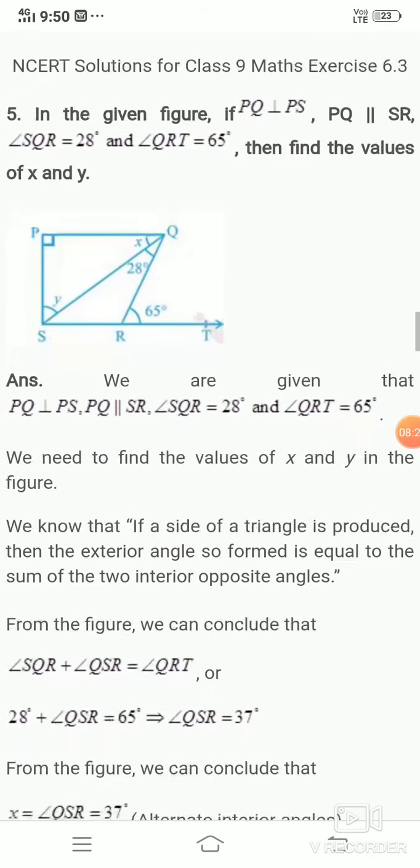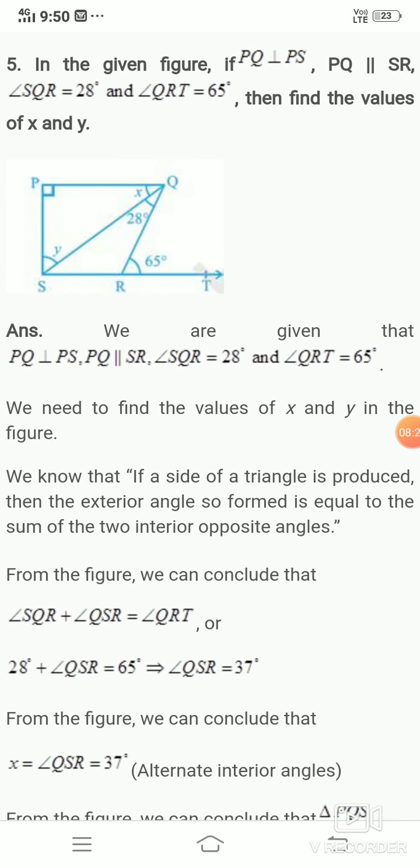Now consider the next problem. In the figure, PQ is perpendicular to PS at P, it's given, and PQ is parallel to SR, also given. At Q, SQR is 28 degrees, QRT is 65 degrees, everything given.